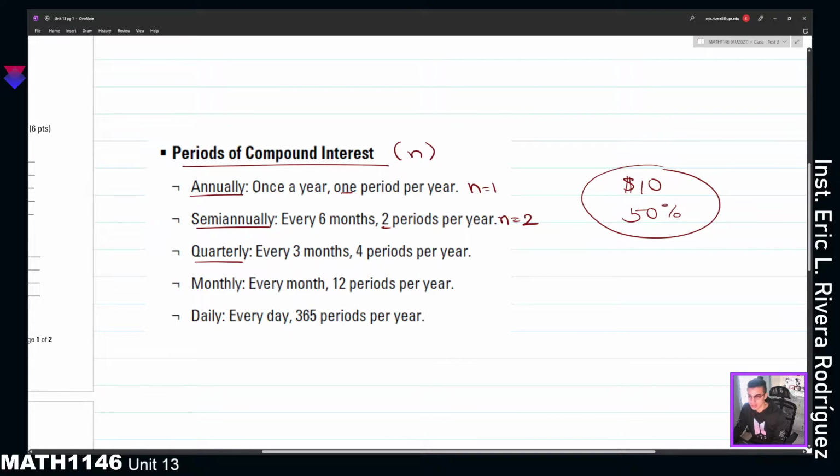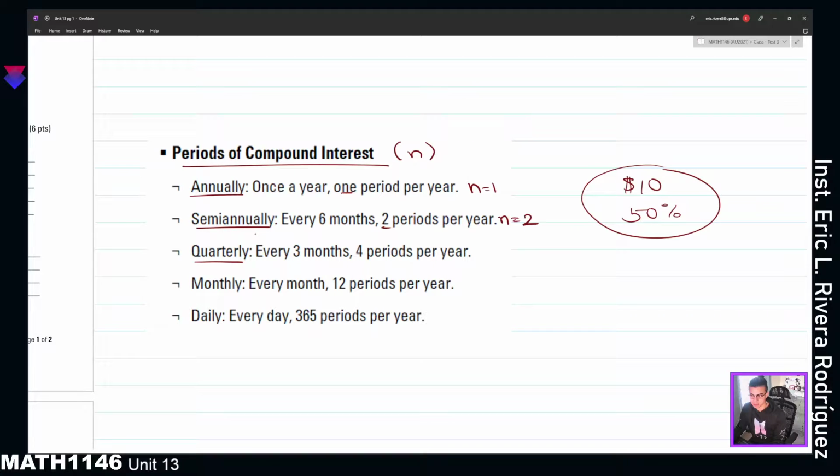Quarterly, and see that these are the most commonly used periods. But they might use a different period of time in a year in the exercise, so it is important that you know how to interpret the periods into the value for n in terms of the formula.